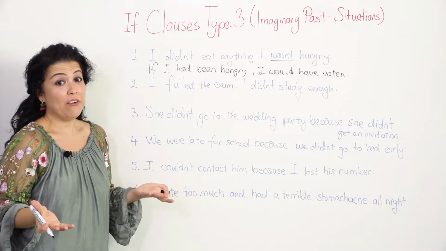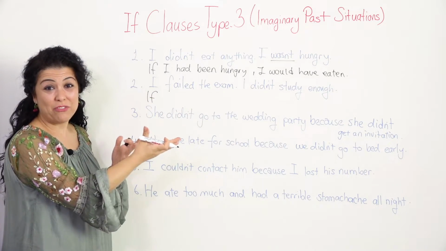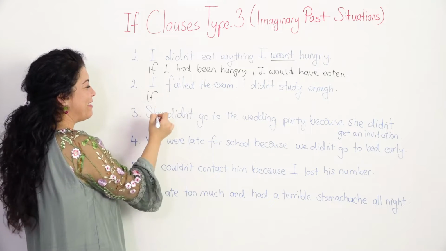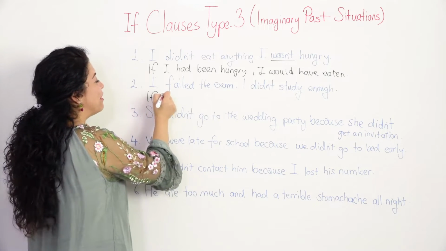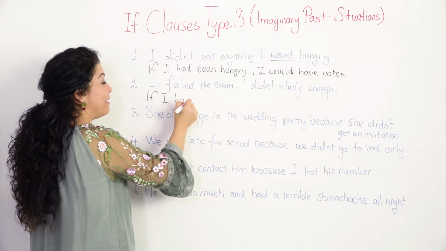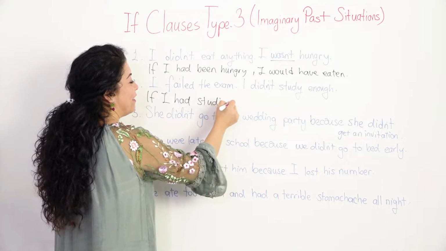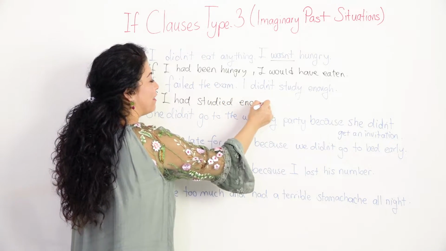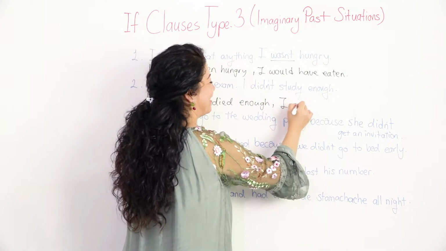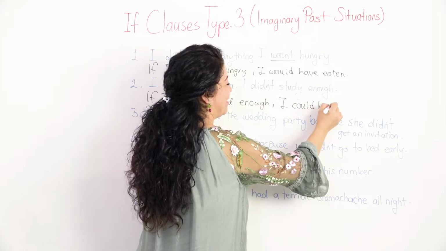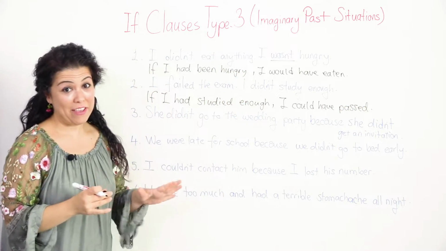I didn't study enough. I cannot change the fact that I failed it for now, right? So I'm speculating. I'm kind of regretting what happened, right? So if I had studied enough, I could have passed. But the reality is that I failed it.